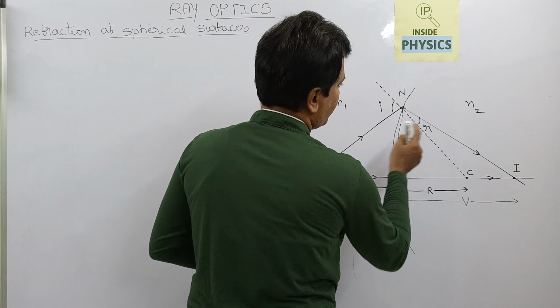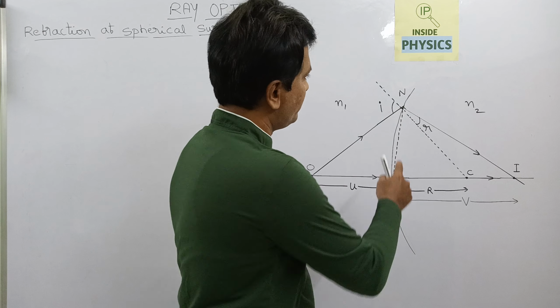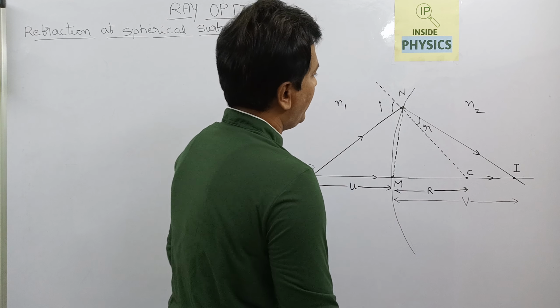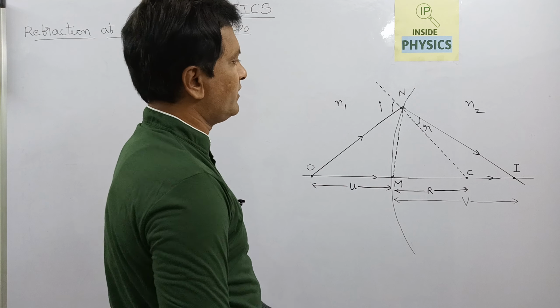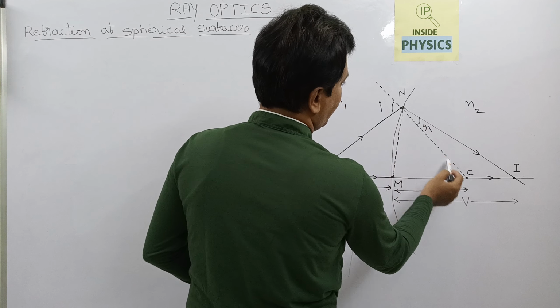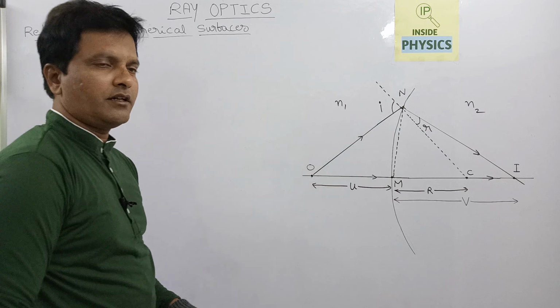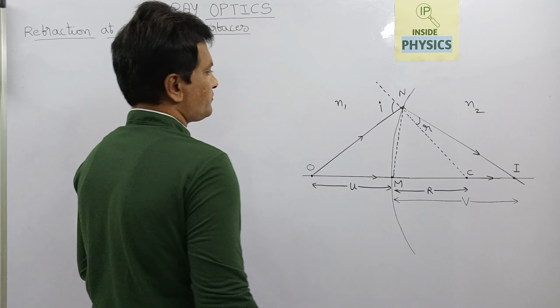The angle of refraction is the angle between the refracted ray, that means NI, and the perpendicular to the curved surface. So this is the angle of refraction.